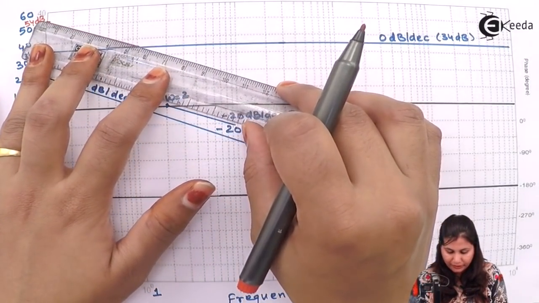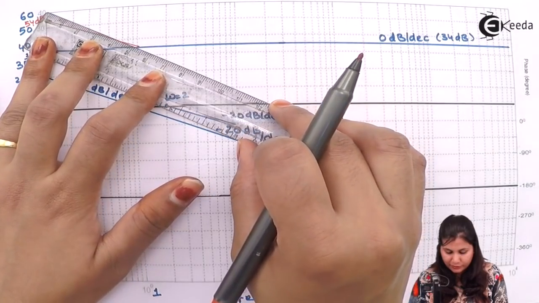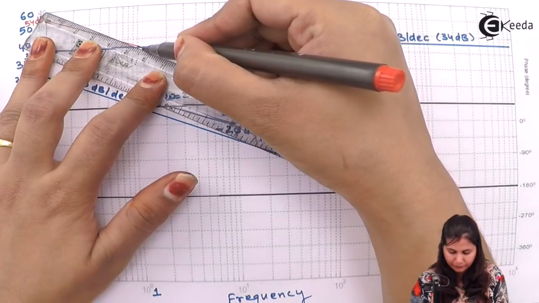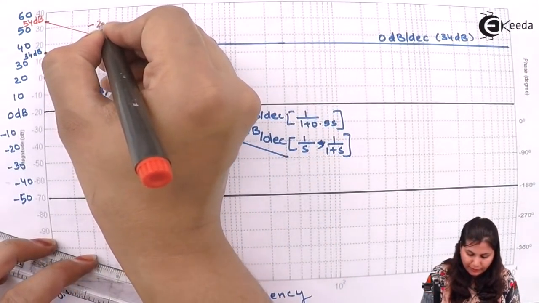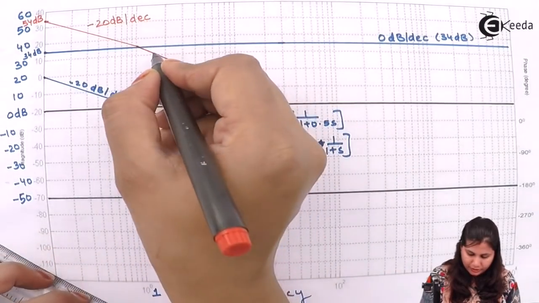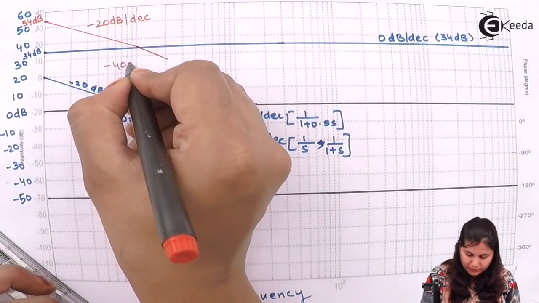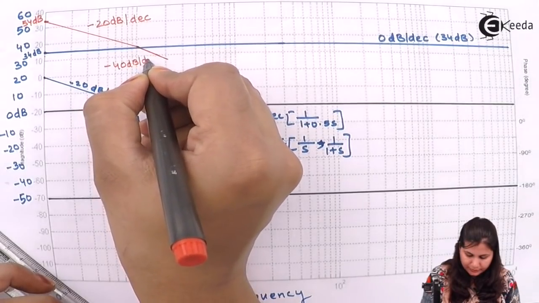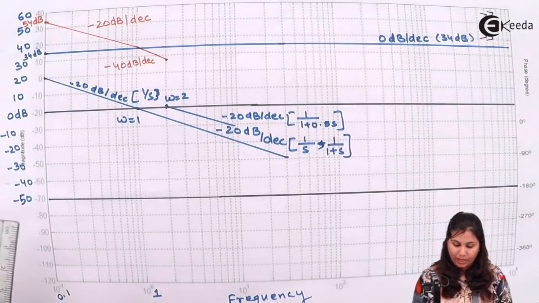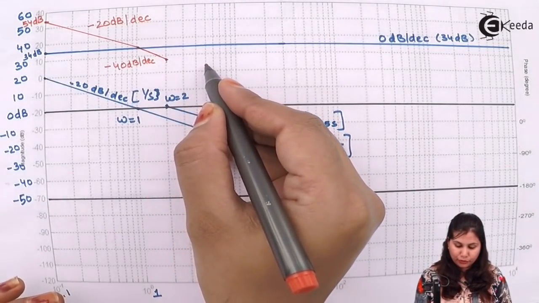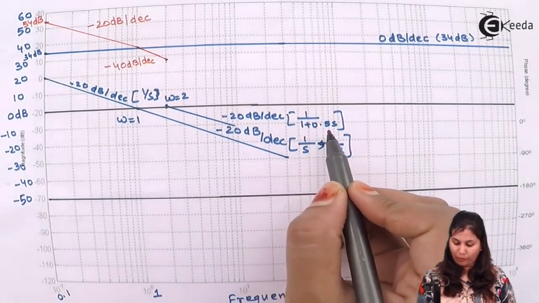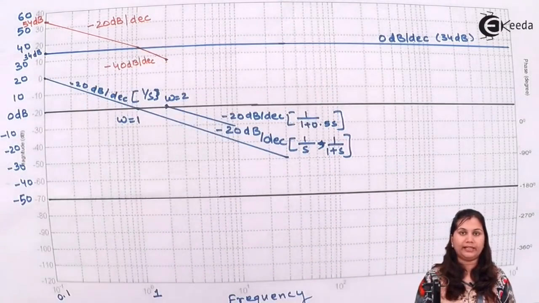This was minus 20. So minus 40 you have to draw. This slope was minus 20 dB per decade. This slope is minus 40 dB per decade up till omega equals to 2. Now after this omega equals to 2, the slope due to this factor 1 upon 1 plus 0.5 s is also going to get added up.